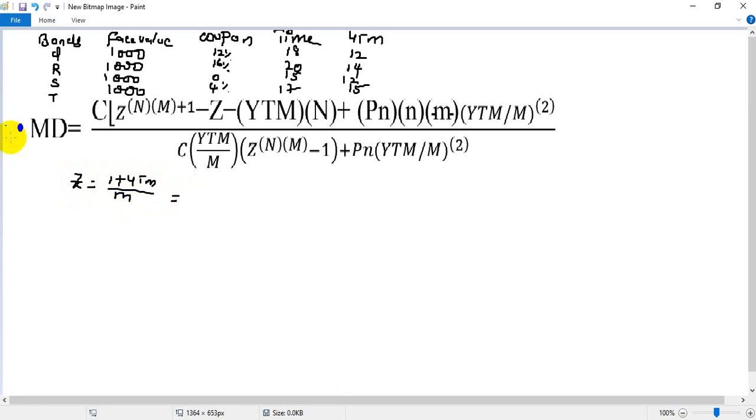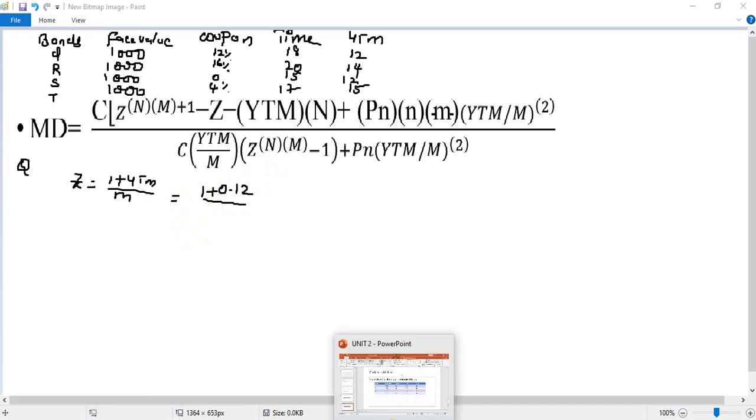So over here we are calculating for Q first of all, MD. You need to calculate for all the bonds individually. So 1 plus 0.12, YTM is 12% over there, divided by M, which you have to take as 2.